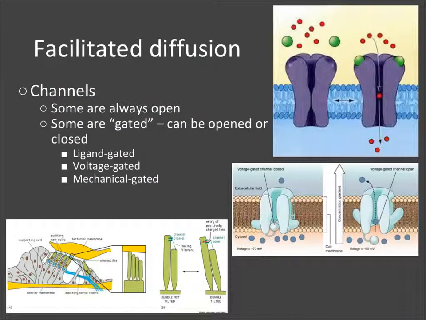One kind of cool thing about these channels or these transport proteins is that sometimes they can be opened or closed. So some of them are always open. So if they're open, it means that the material can cross from one side of the membrane to the other side. But in other cases, they might be opened or closed. So if we look at this example here, this is showing a closed transport protein.